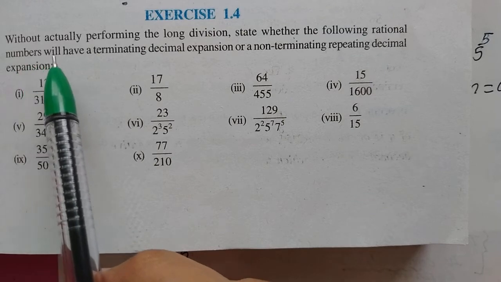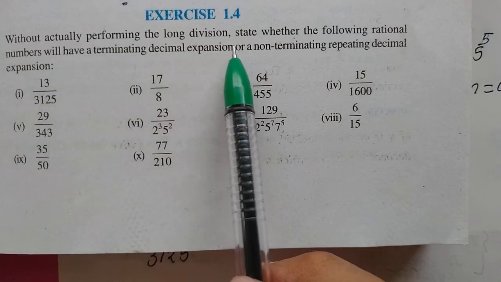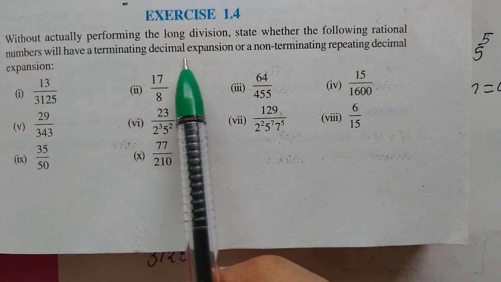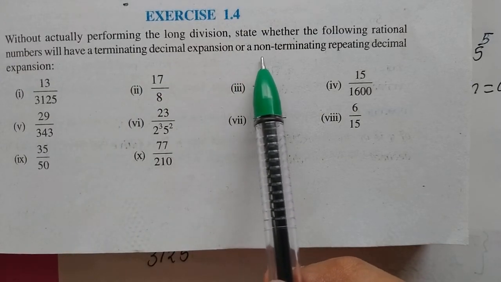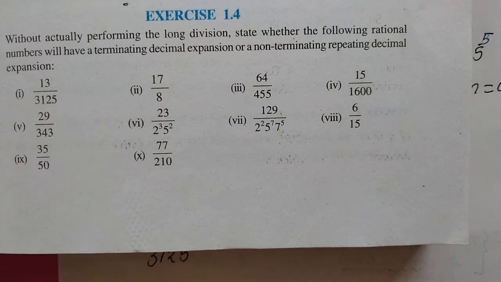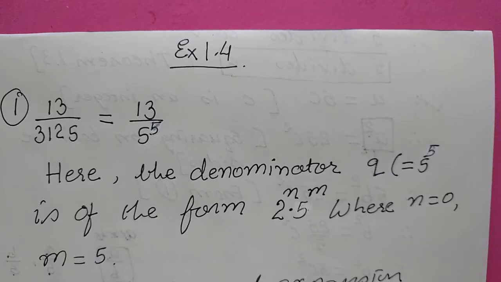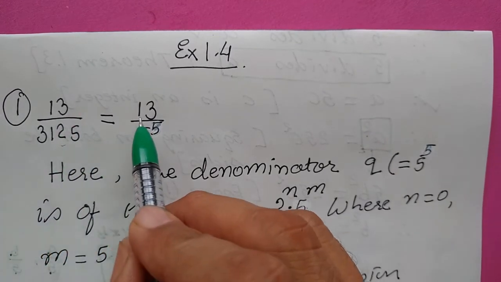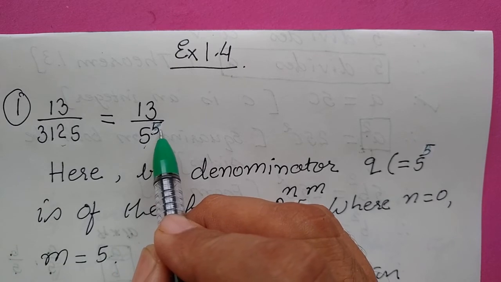Let us start exercise 1.4, question number one onward. The question is: without actually performing the long division, state whether the following rational numbers will have a terminating decimal expansion or a non-terminating repeating decimal expansion. Let us take the first sum, children. 13 upon 3125. Now children, factorize this. 13 upon 5 raised to 5.